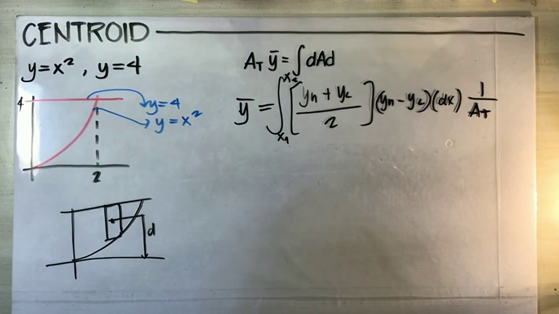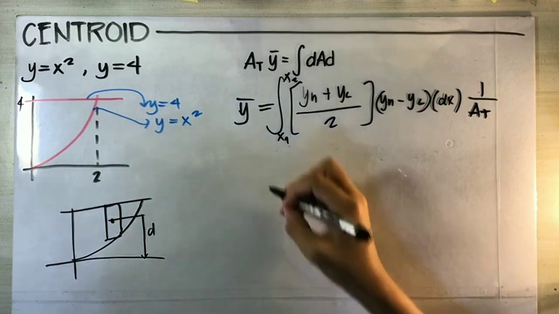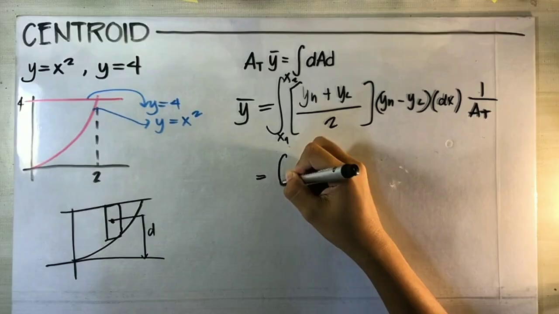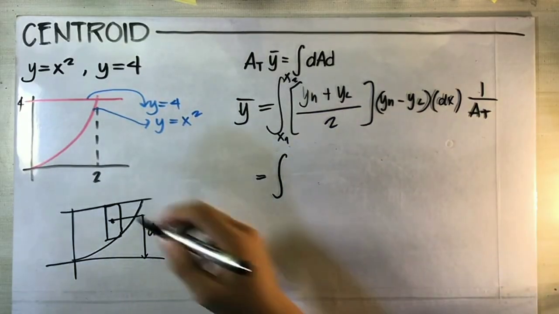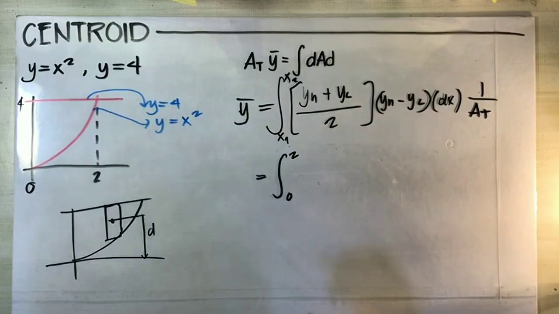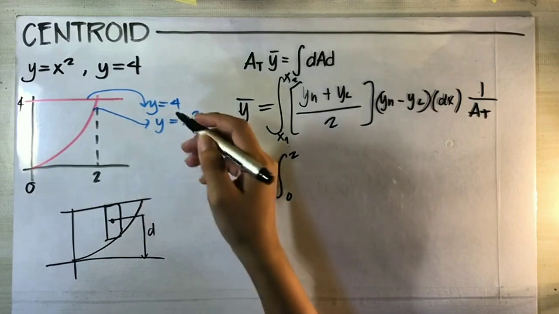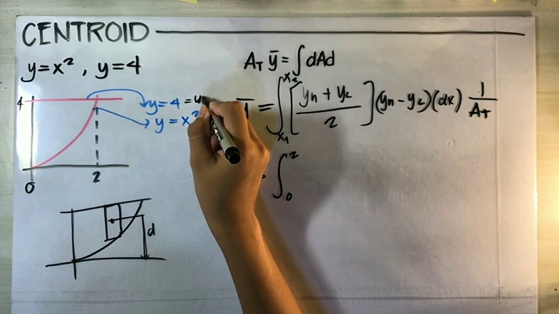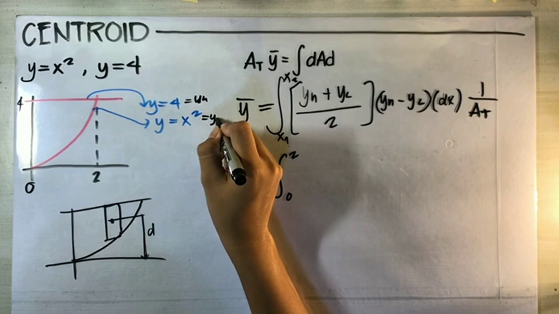So if we plug in our equations, our given, this is equals to, since this is dx, from 0 to 2. Our y high is this one, right? Y high, y low.